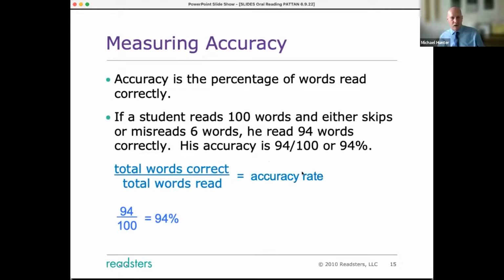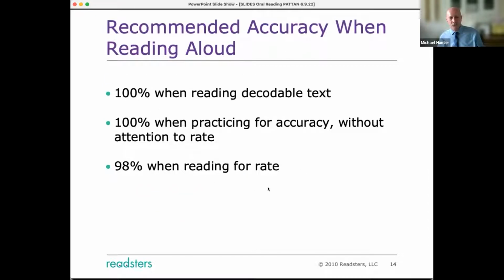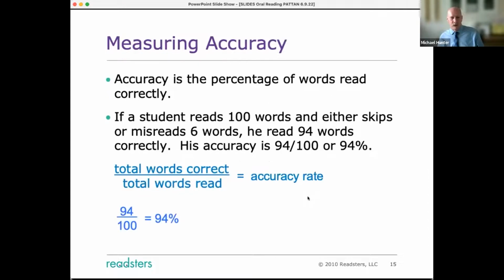So those are our recommended accuracy goals for instruction. When they're reading on their own to themselves, who knows what their accuracy rate is. But for instruction, most of the time we're looking for 100% accuracy. And if we hold students accountable for that, they will fall into that 98% or higher rate all the time.